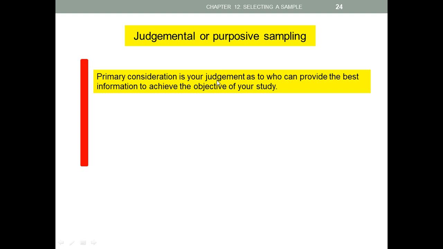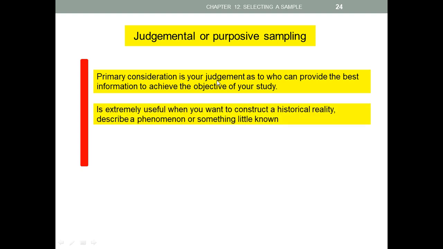So you make up your own mind who is best qualified, who knows the answers more, who has experienced a particular situation that you are interested in doing research into. So it's very useful. Judgmental or purposive sampling is very, very useful when you want to construct a history or a historical reality.